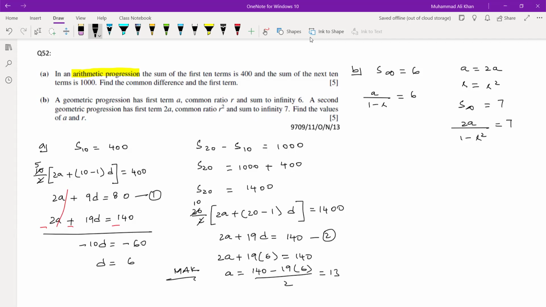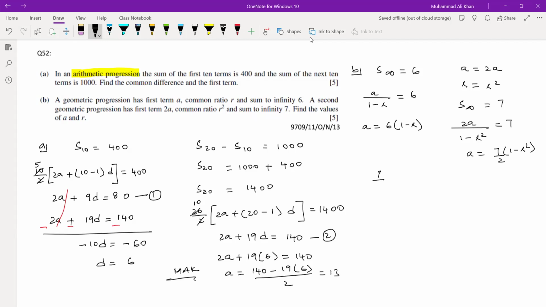Now, what is the value of a here? The value of a is 6 times (1 minus r). What is the value of a here? The value of a is 7 times (1 minus r squared) divided by 2. Any confusion? दोनों ए को इक्वेट किया जा सकता है या कह सकते हैं कि इस ए की वैल्यू को फर्स्ट ए की वैल्यू पर रख दीजिए.